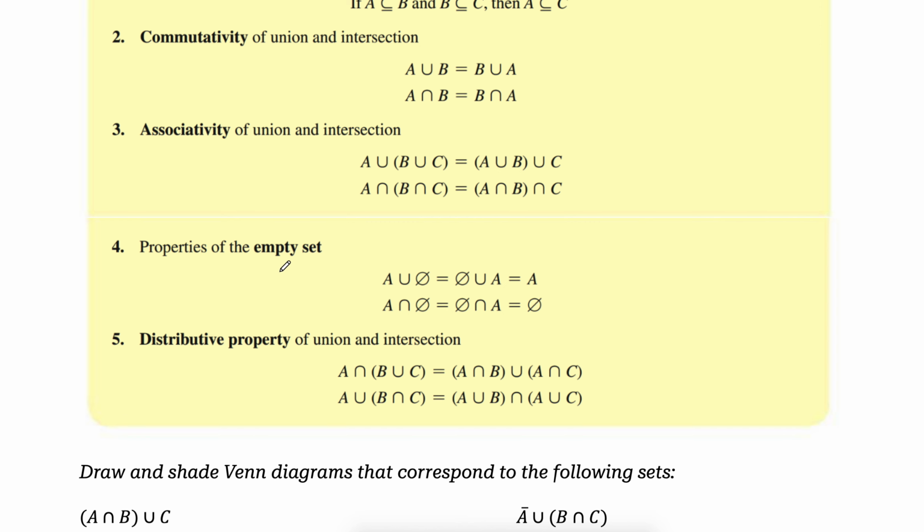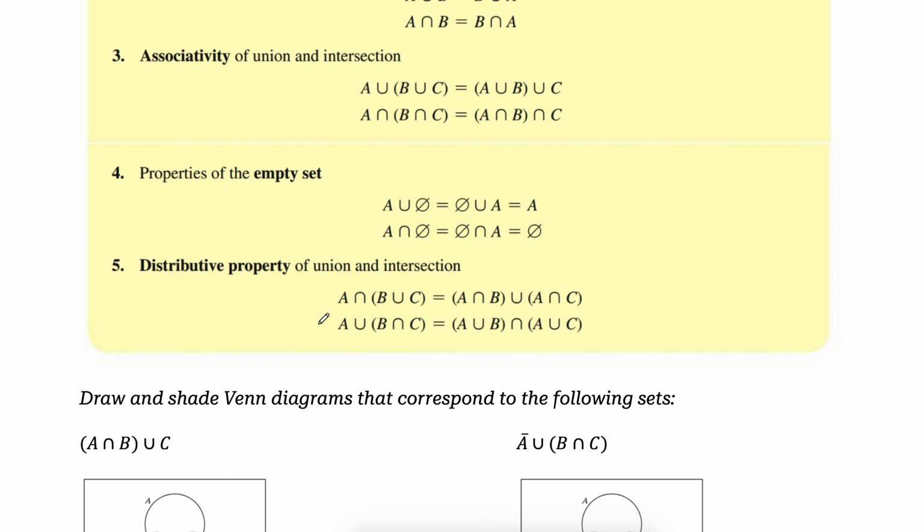And then we also have a distributive property. So here we have A intersected with the union of B and C is the same thing as the intersection of A and B unioned with the intersection of A and C. And we have basically the reverse of that for the second line. So we have these very similar properties.